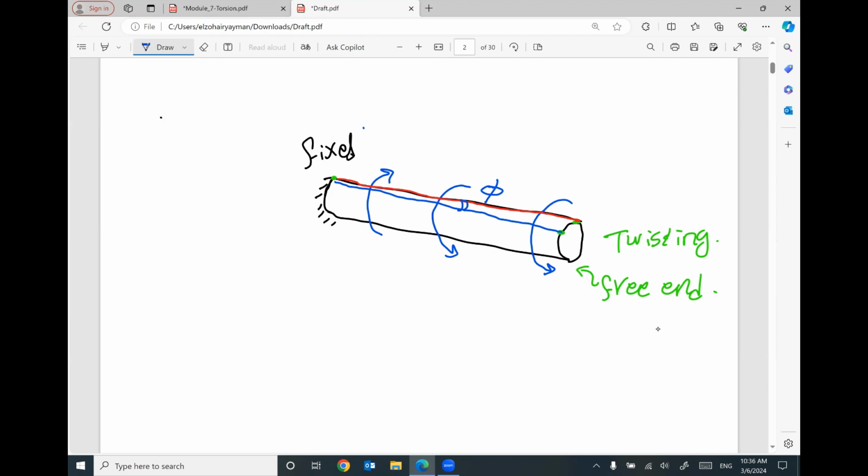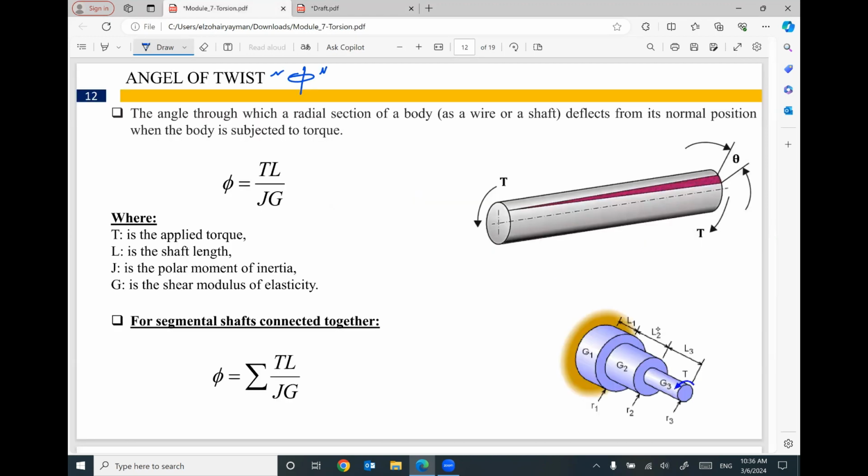To get an angle of twist, this is a measurement between two points. We have the original line before twisting, and a new line after twisting. The angle in between is called the angle of twist.